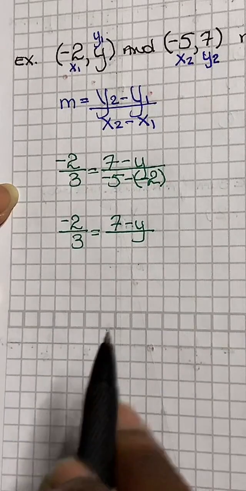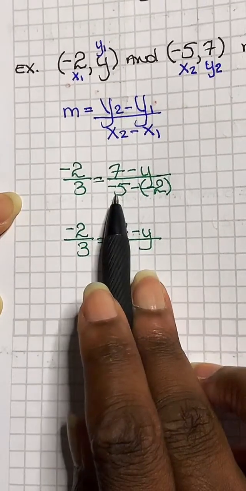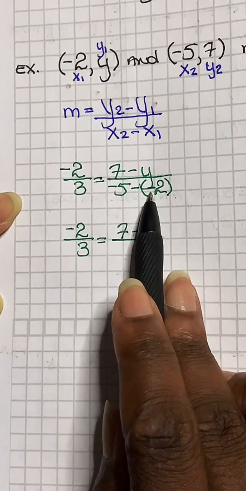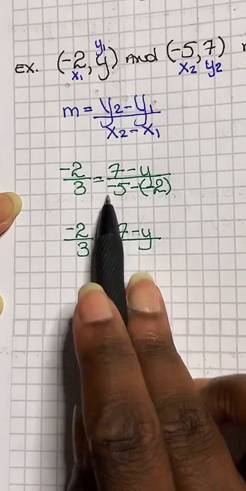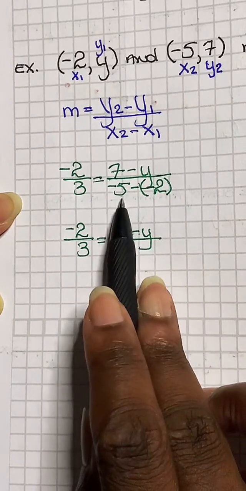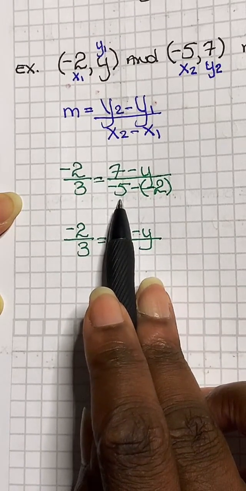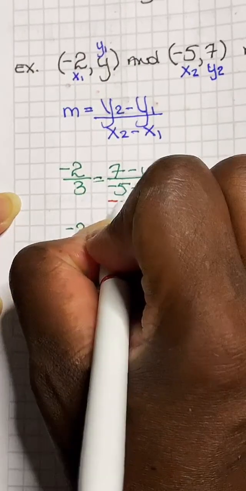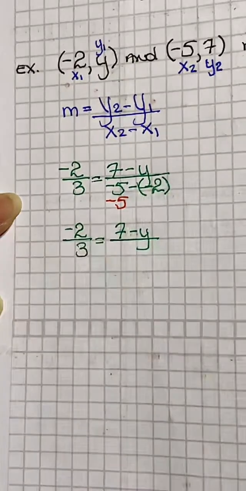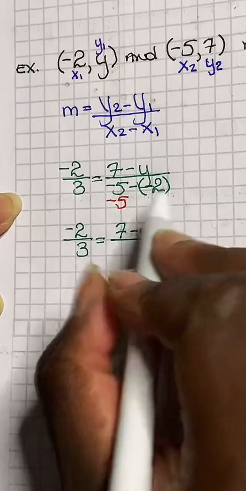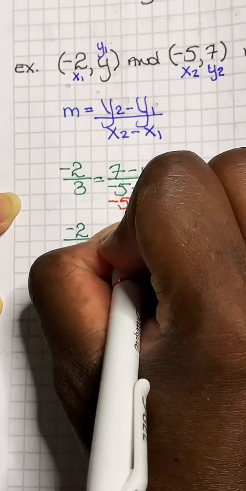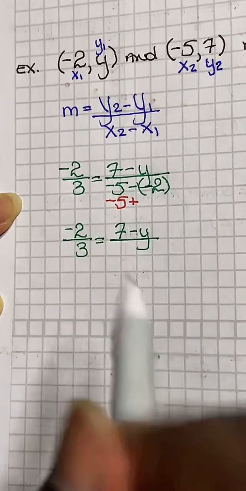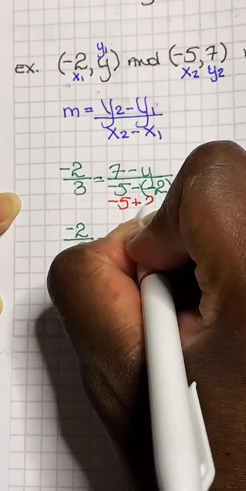Okay, so let's take a look. So we have a negative 5 minus a negative 2. Now, everything is not turning. You're going to keep this negative 5 the way it is. We're going to change that minus to a plus, and we're changing that negative 2 to a positive 2.